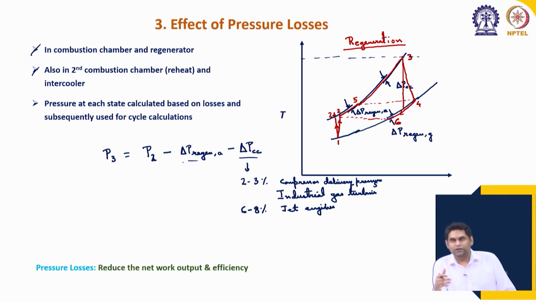So, you need more cleverly designed flame holders, which result in more drag and more pressure drop, but this is necessary. And as I have already explained, the pressure losses reduce the net work output and consequently the efficiency. Calculation of pressure losses is not very difficult.